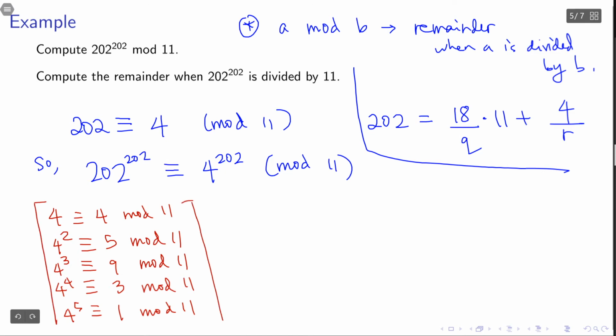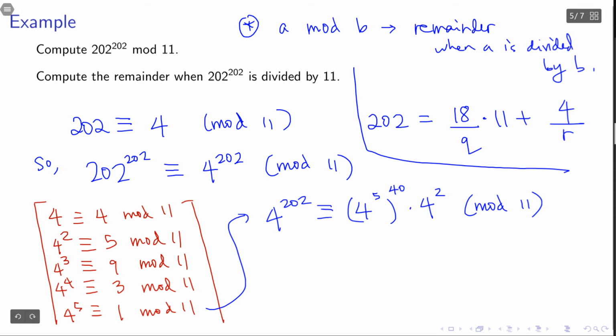And so from the pattern that we see here, we can now write 4 raised to 202 as simply 4 raised to the 5th power raised to 40 multiplied by 4 squared, mod 11. And the reason I'm doing this is because 4 to the 5th power gives me a 1. So I don't need to compute 4 to the 202.